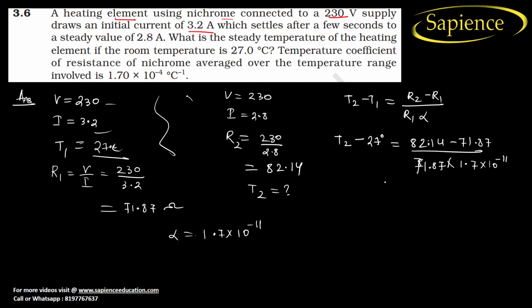By using this we get approximately 840.5, which is equal to T2 minus 27 degrees Celsius.